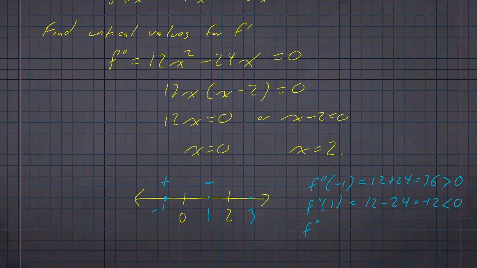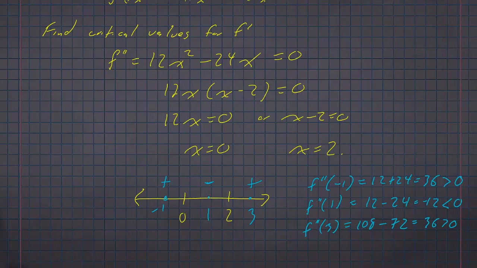And then f double prime of 3 is definitely the trickier one. 3 squared is 9. 12 times 9 is 108. 24 times 3 is 72. And 108 minus 72 is 36. But again, the important thing is that that's bigger than 0. So over here, we are positive.